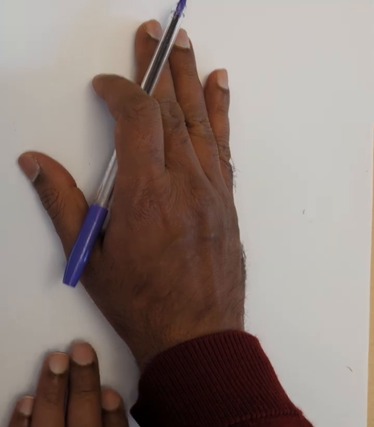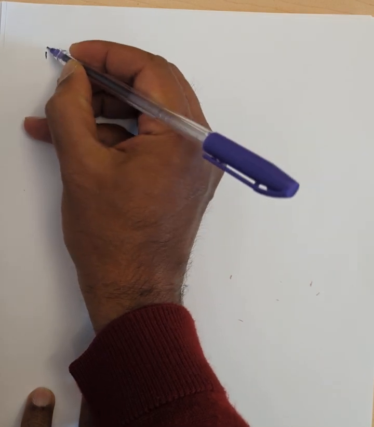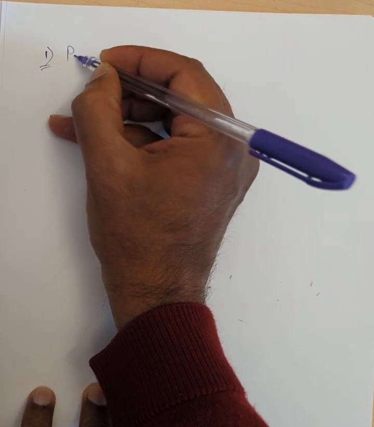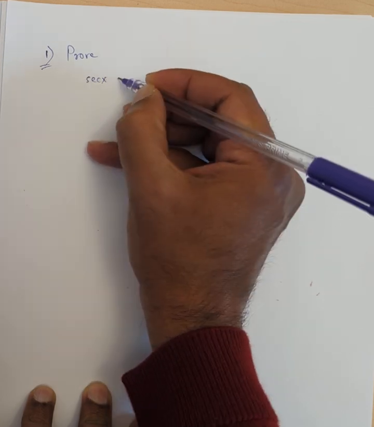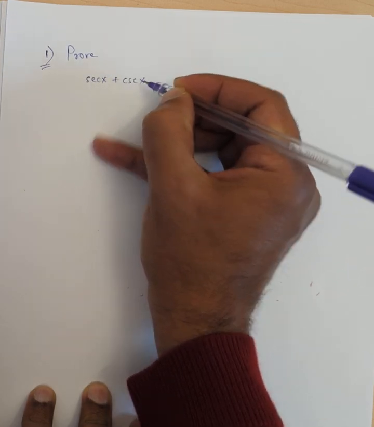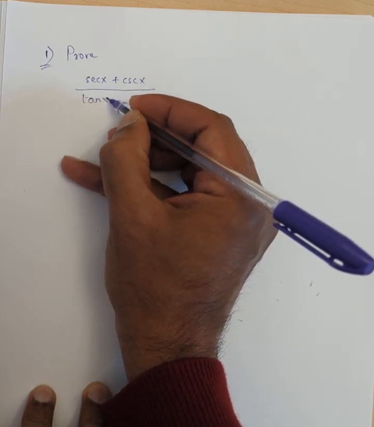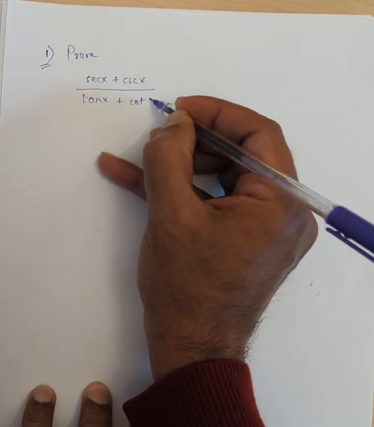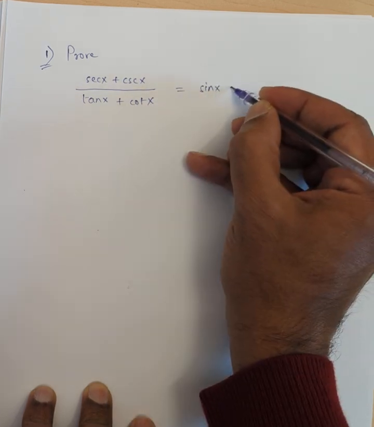So the first one I'm going to work out is this problem, which says prove: secant x plus cosecant x over tan x plus cot x is equal to sin x plus cos x.